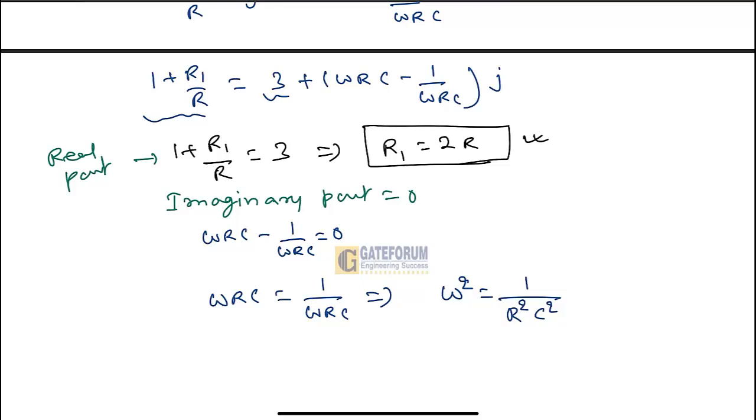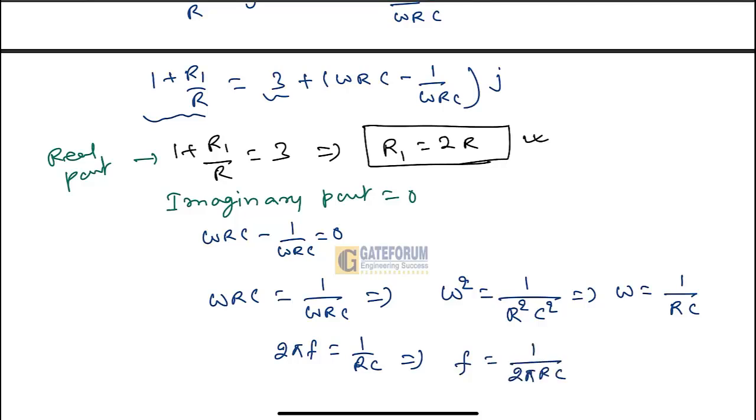So from this one we will get omega is equal to 1 by RC, because frequency cannot be negative, so we are taking only the positive sign. So this omega, we can write as 2 pi f is equal to 1 by RC.